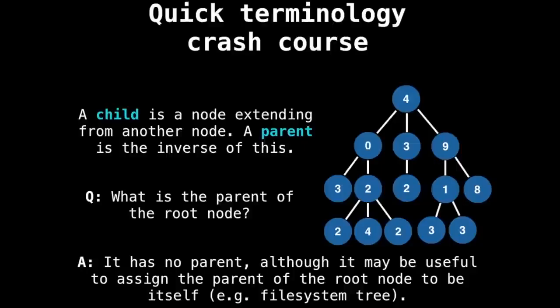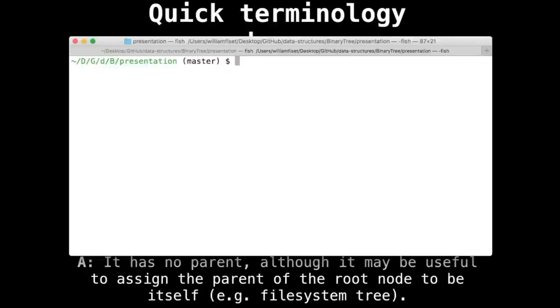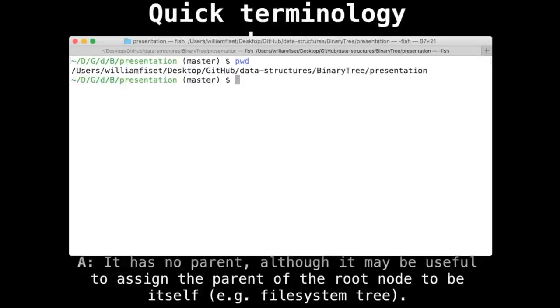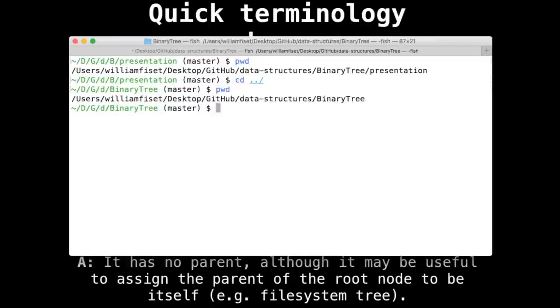And we see this often when programming. For instance, a file system tree has this property. So if I open up the command line, I'm in some directory, so I can say pwd to get the current directory. So I'm somewhere in the file system tree, and if I want to go up to my parent, I can say cd .. and now I'm up in another directory, or into the parent directory.